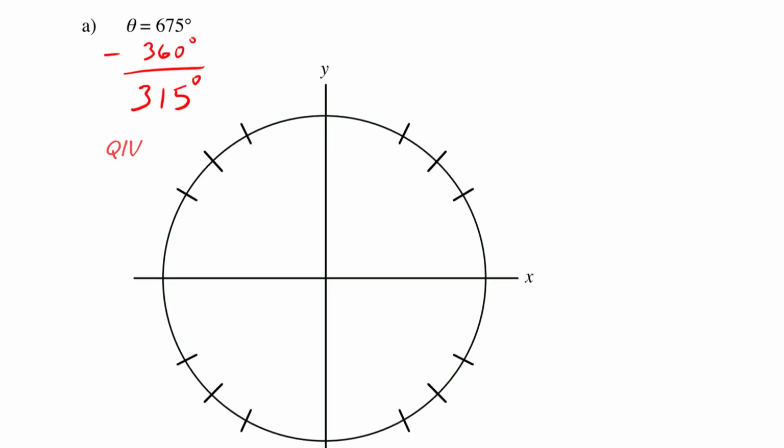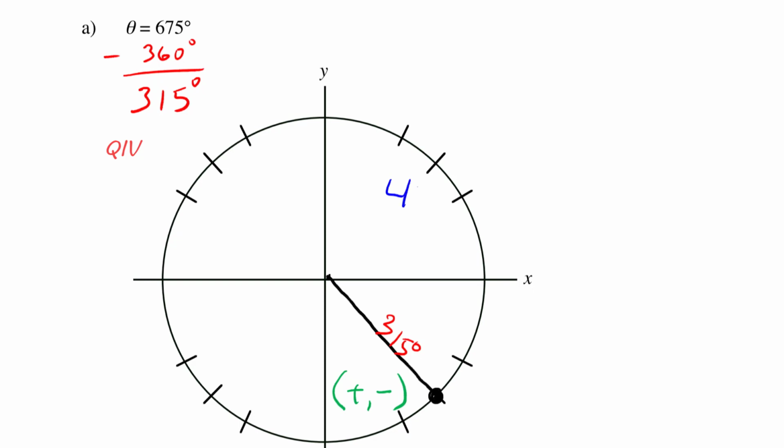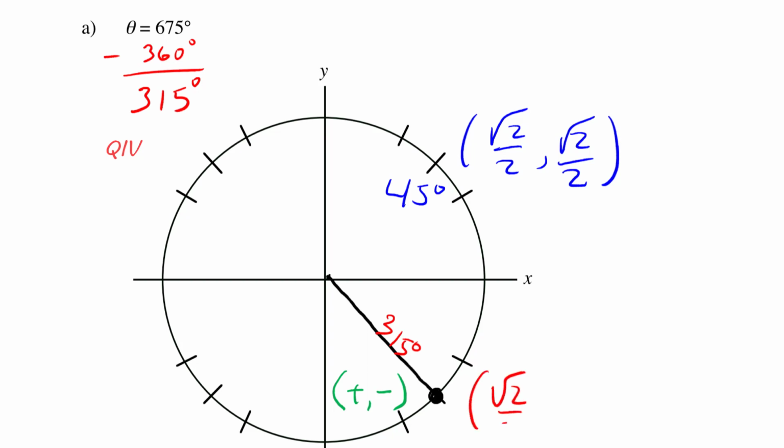If we subtract 360, we get 315 degrees, which is a quadrant 4 value, and it's related to 45 degrees. So what we do to find the ordered pair here is think about, well, it's in quadrant 4 and it's related to 45 degrees. What's the ordered pair at 45? Radical 2 over 2, comma, radical 2 over 2. But because it's in quadrant 4 with the x being positive and the y negative, 315 degrees gives us square root of 2 over 2 and negative square root of 2 over 2 for y.